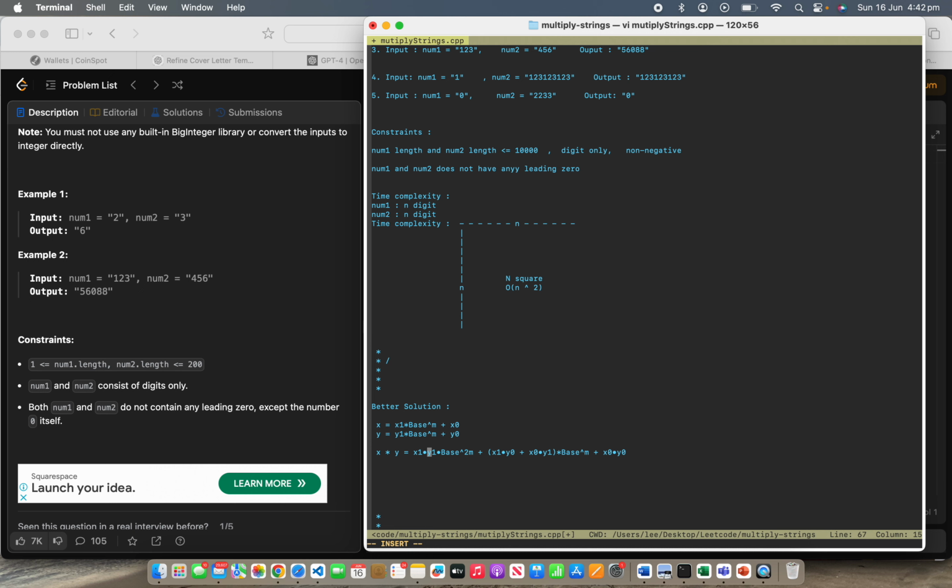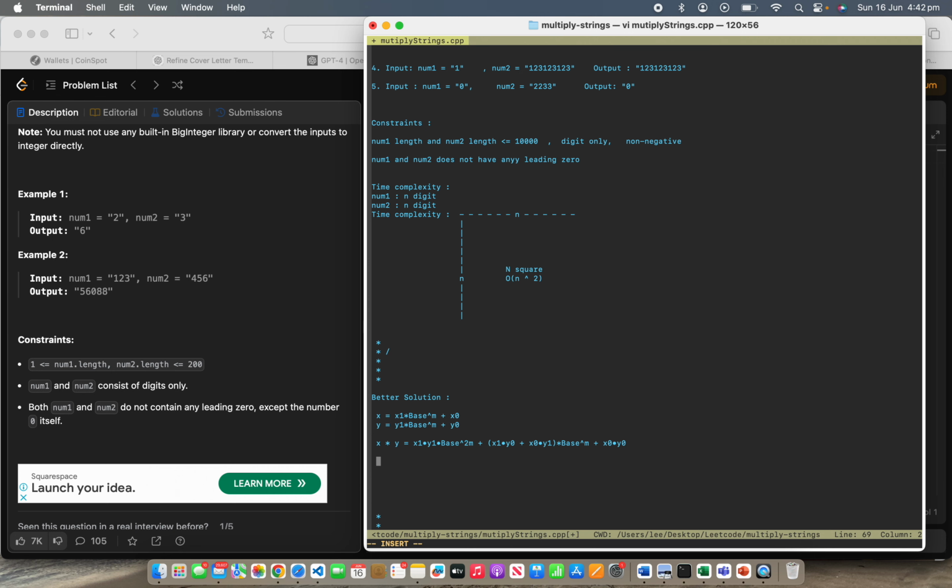So you see, this way we do basically n square operations to complete those formulas. We can also do a little bit easier, which is the Karatsuba multiplication.